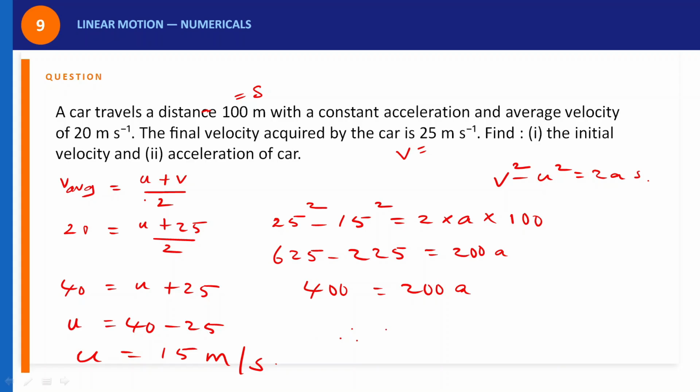Therefore, acceleration is 2 meter per second square.